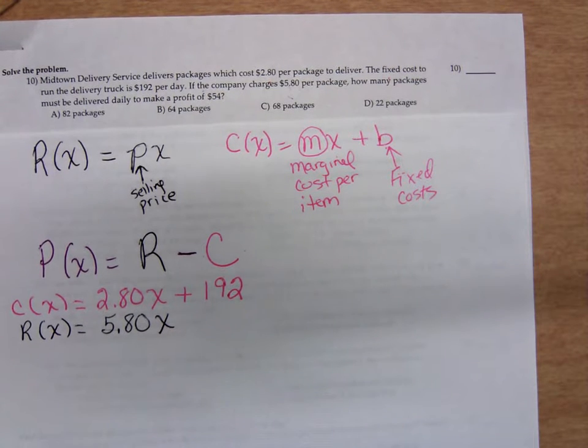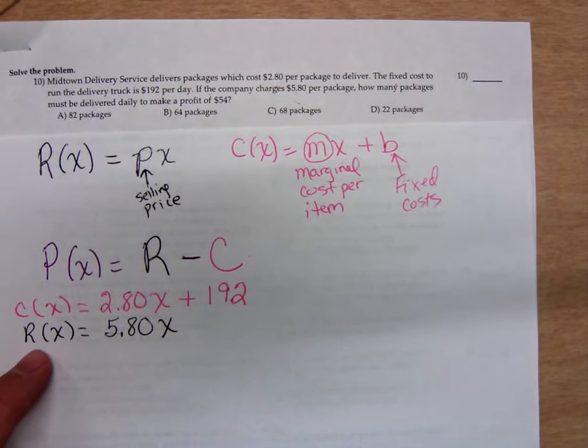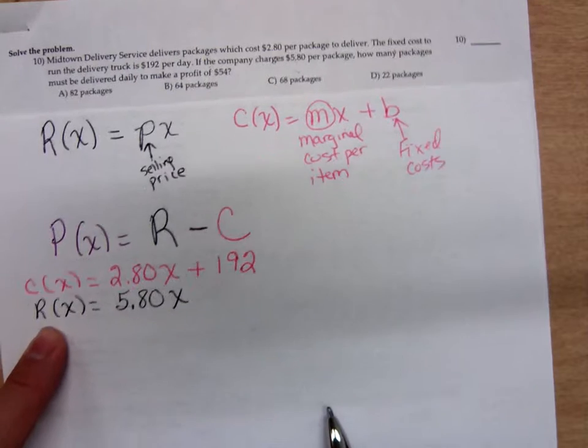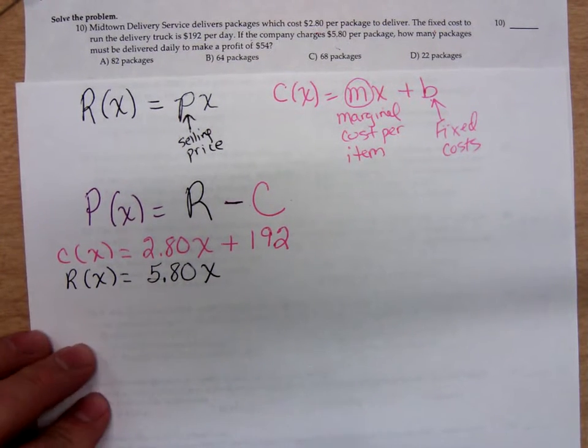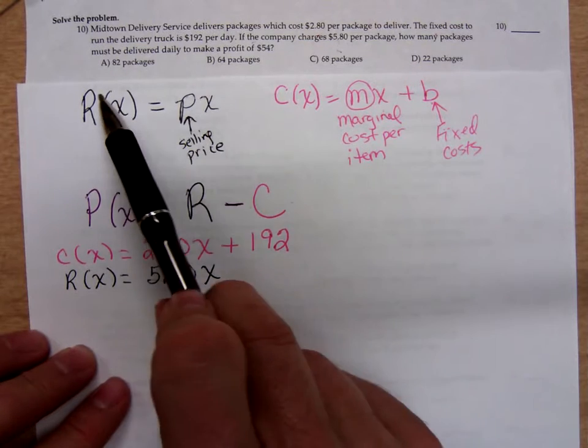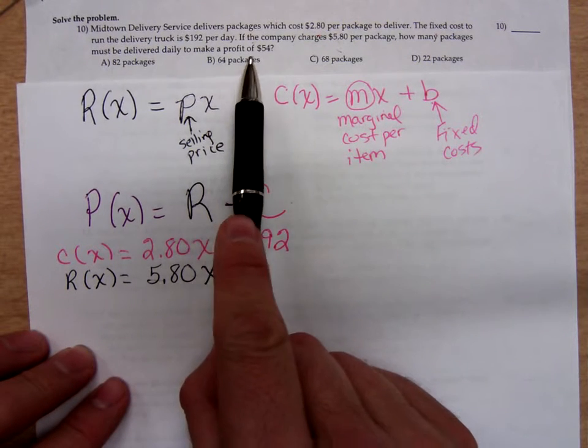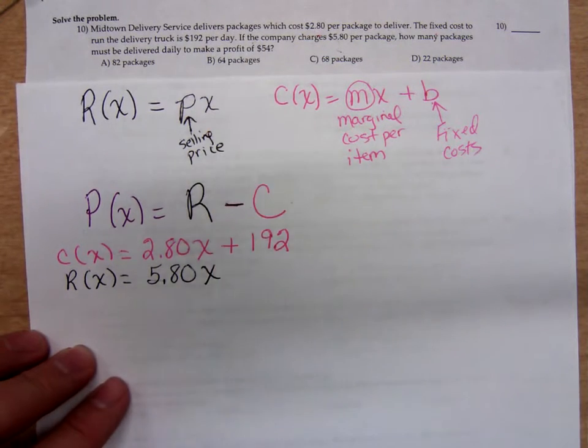It's just a small midtown delivery service. So the revenue function is $5.80x. We want to know how many packages must be delivered to make a profit of $54.